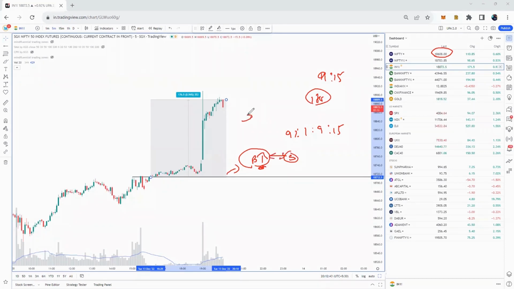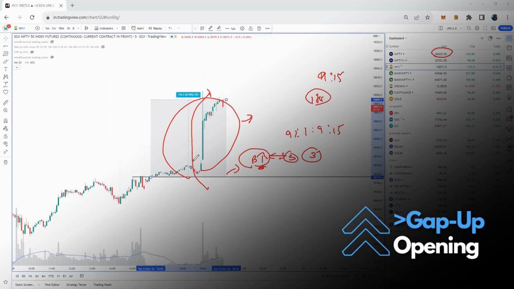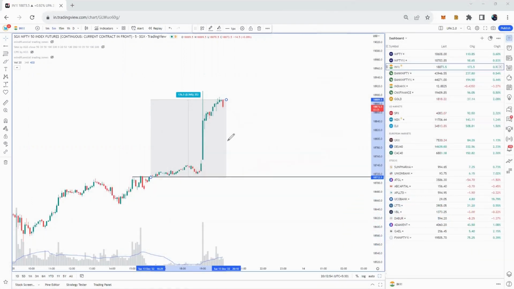And when that order matches, the trade will get executed. Like that, within 3 minutes, so many trades get executed, and the price will make a gap up opening. That is the logic behind how the stock or the index will make a gap up opening.